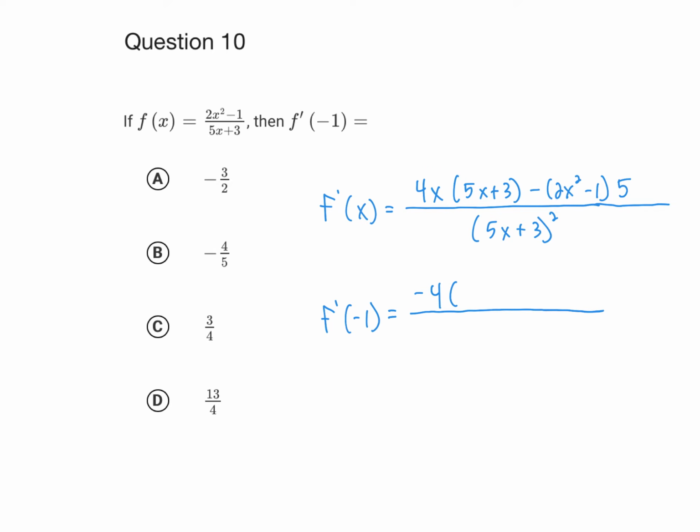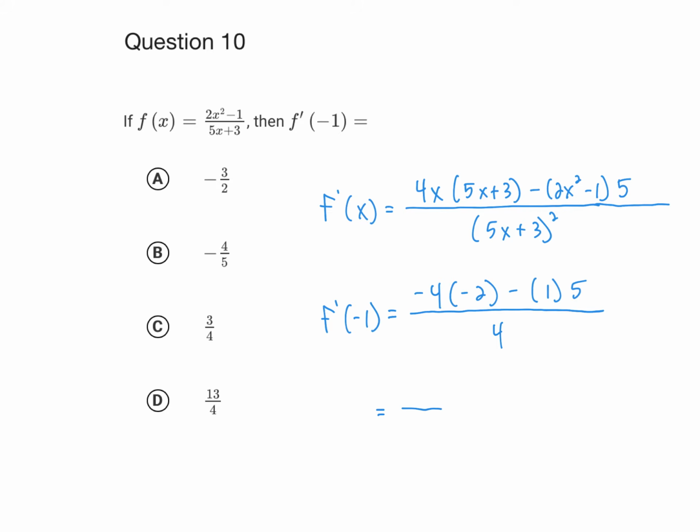If you plug in -1 for x here, that's -5 plus 3, which is -2. Then -1 squared is 1, times 2 is 2, minus 1 is 1. And we already know 5x plus 3 when you plug in -1 is -2, so this is -2 squared, and that's 4.